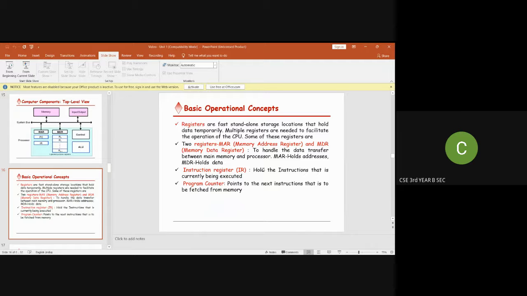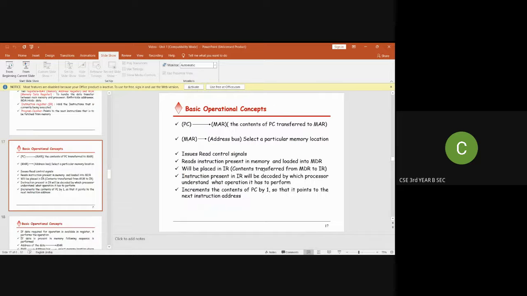MAR always holds the address, MDR always holds the data. The IR holds the instruction that is currently being executed. The program counter points to the next instruction that is to be fetched from the memory.